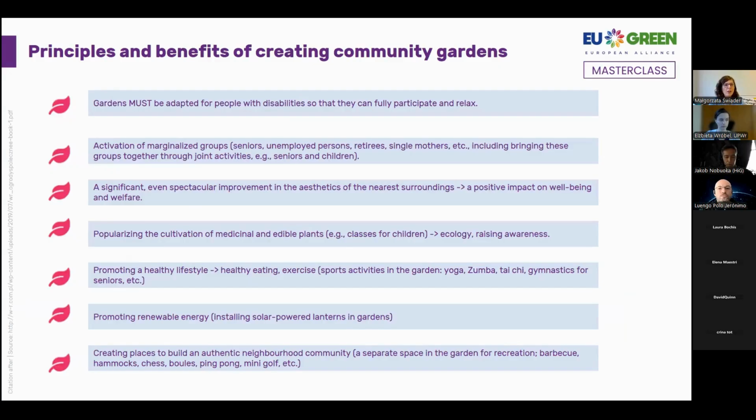And going further, if we would like to verify the principles and benefits of creating community gardens, for sure, if we say that this place is open to everyone who is willing to be a part of the garden, then it should be adapted to the needs of people with disabilities and also some marginalized groups.